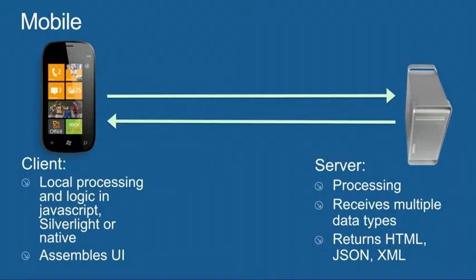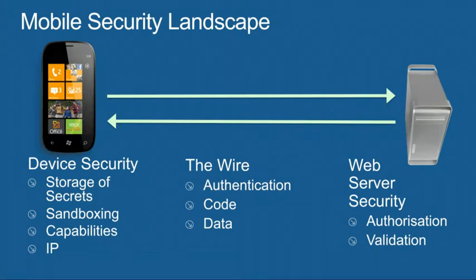The nice thing about mobile devices is that they have access to some native features of the device and native storage. So we've categorized the things we're going to talk about as to where they sit on this diagram. We're going to talk about device security, so how to store secrets securely, the sandboxing and other features of the iPhone App Store and the Windows Phone Marketplace, and how to protect your IP.